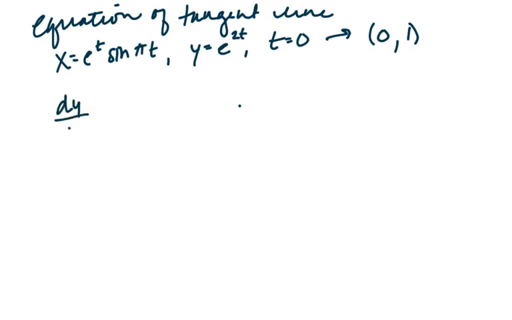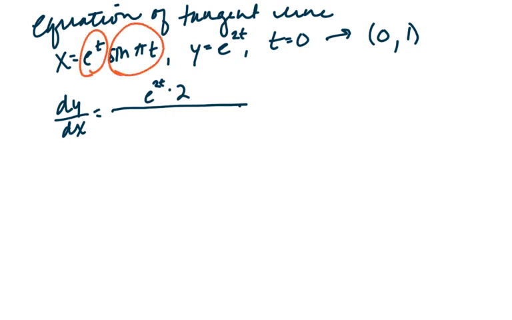So now we can look at dy over dx. The derivative of y with respect to t is e to the 2t times 2, chain rule. And then when we take the derivative of x, notice we have product rule here and chain rule. So the derivative of e to the t times sine pi t, we keep the e to the t and take the derivative of sine of pi t.